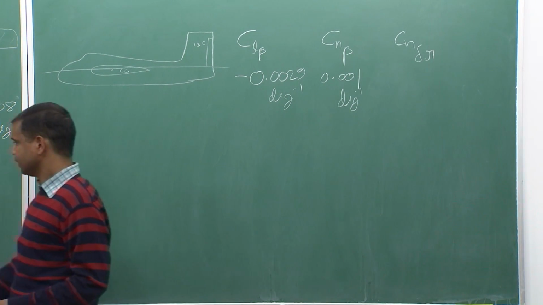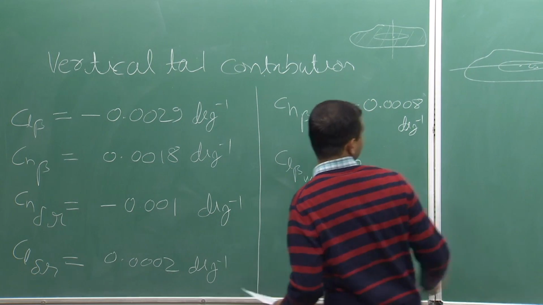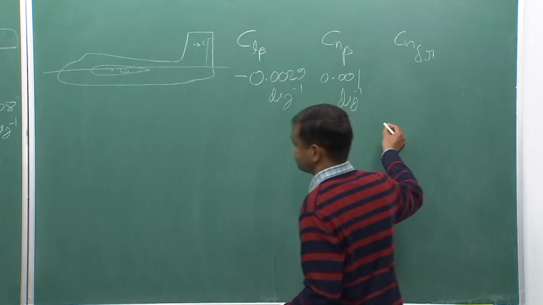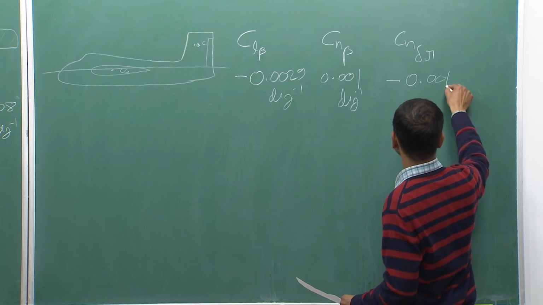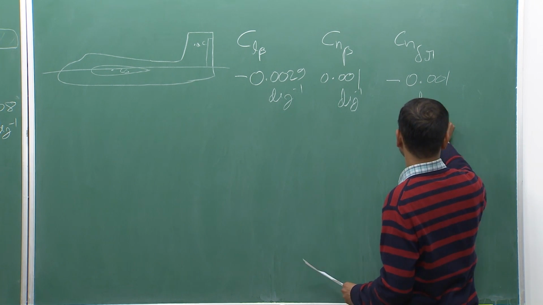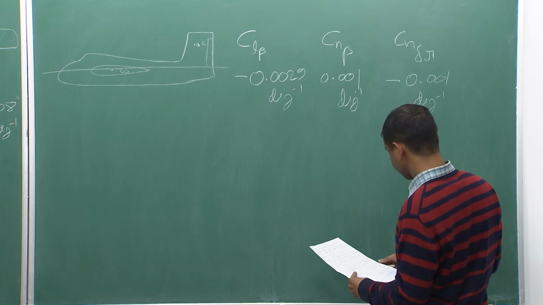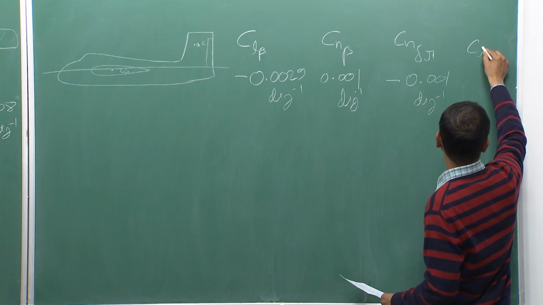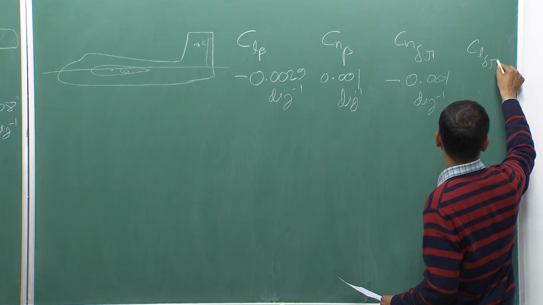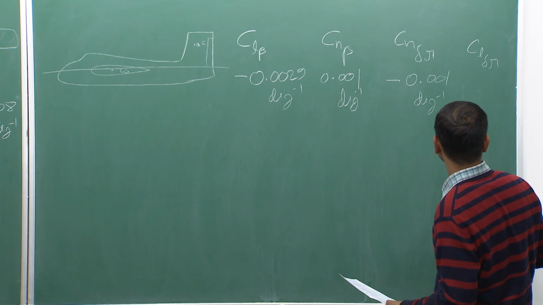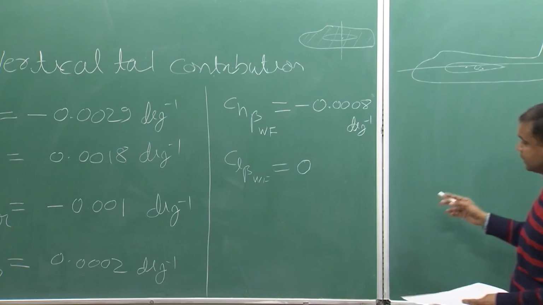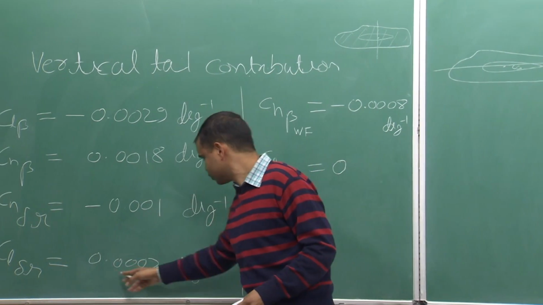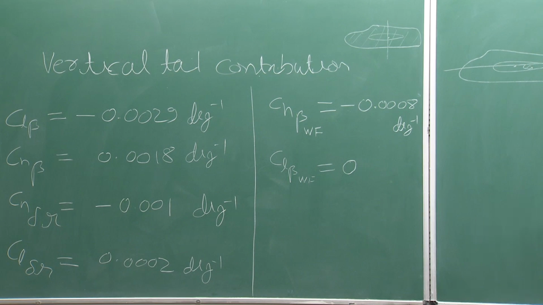Cn delta r is minus 0.001, and this will remain as it is, so this will be minus 0.001 per degree. Coming to Cl delta r, the rolling coefficient derivative with respect to the rudder deflection, Cl delta r given to us is 0.002. So, this will remain as it is.